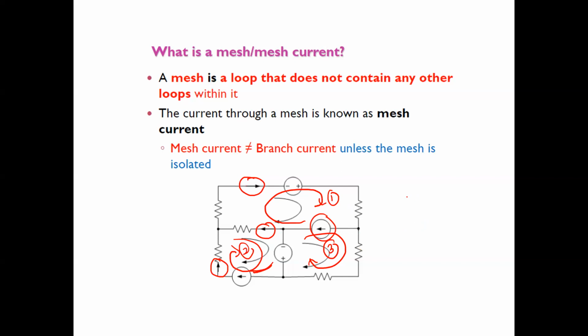Don't choose clockwise for the first loop and anti-clockwise for the second loop. Even though you will obtain the same results, it will cause confusion during the analysis. My advice is to be consistent on the direction of the current.